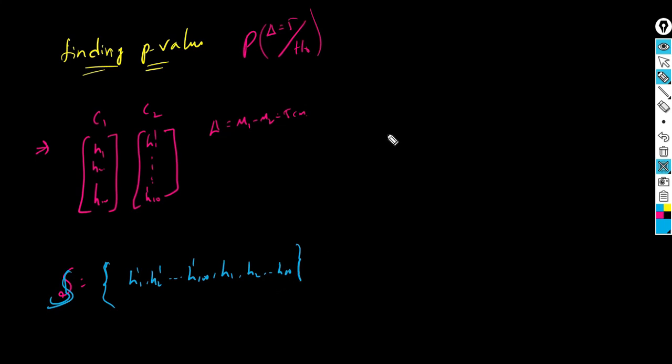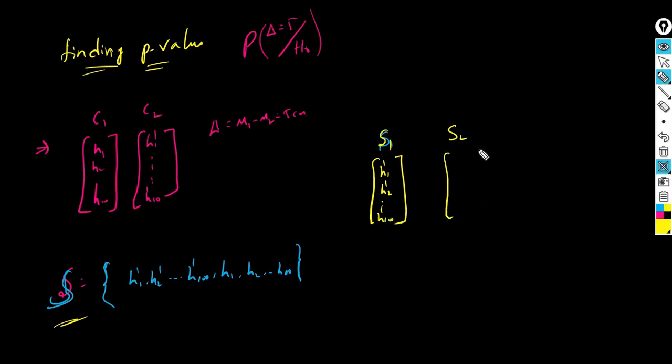We will take the samples, let's consider S1 and also sample S2. In the sample S1 we are going to take the heights of 100 people randomly from this sample: H1 1, H1 2, like this up to H1 100.